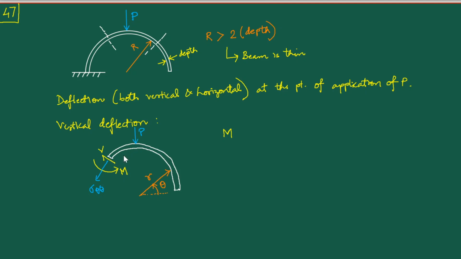And for that, the moment arm, you note, is going to be this portion. This is the moment arm for that. So this distance, that is going to be the moment arm. And what is that?